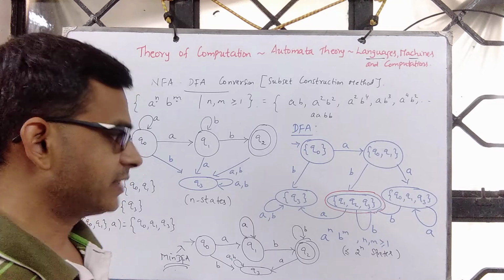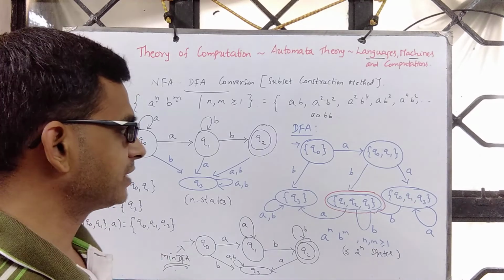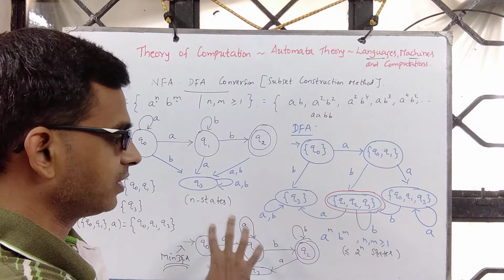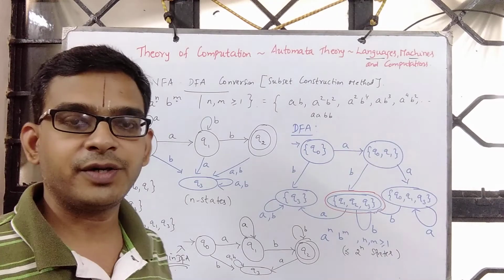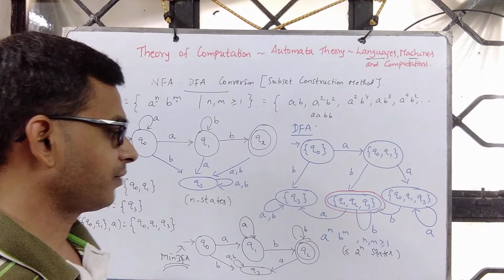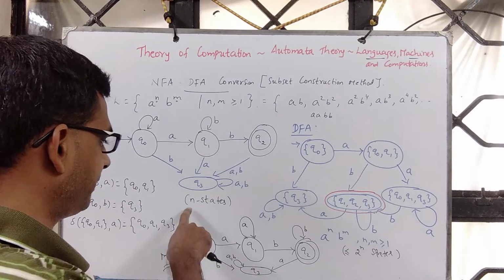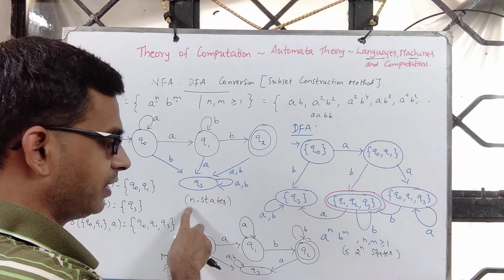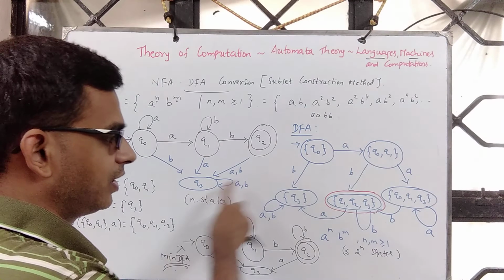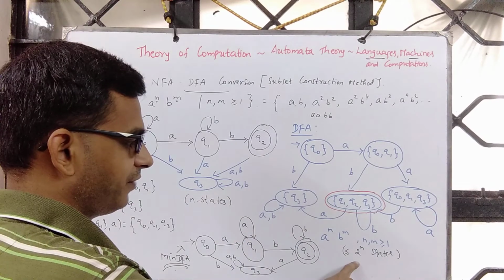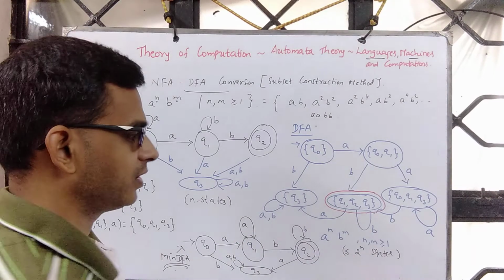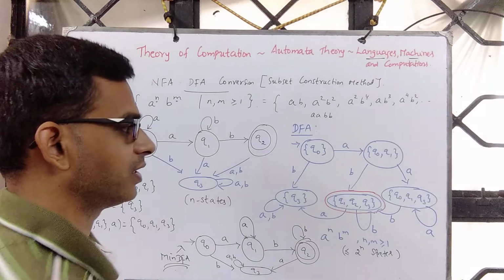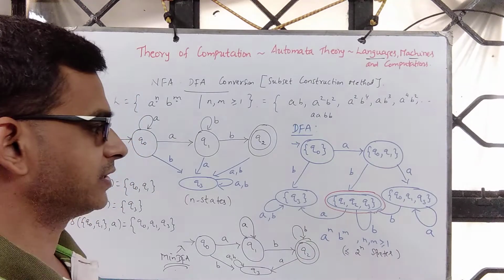And one can construct such examples, which means the conversion is not a polynomial time algorithm. Polynomial in what? Polynomial in n. Because the NFA has n states, and now when it goes to DFA it becomes 2 power n, which is exponential in n, the number of states.